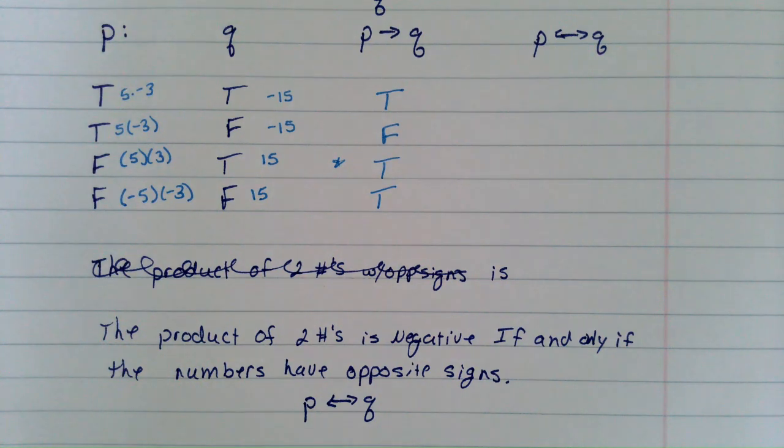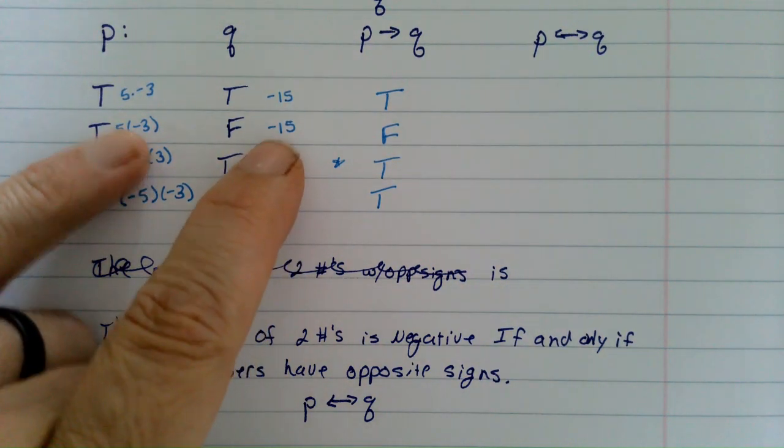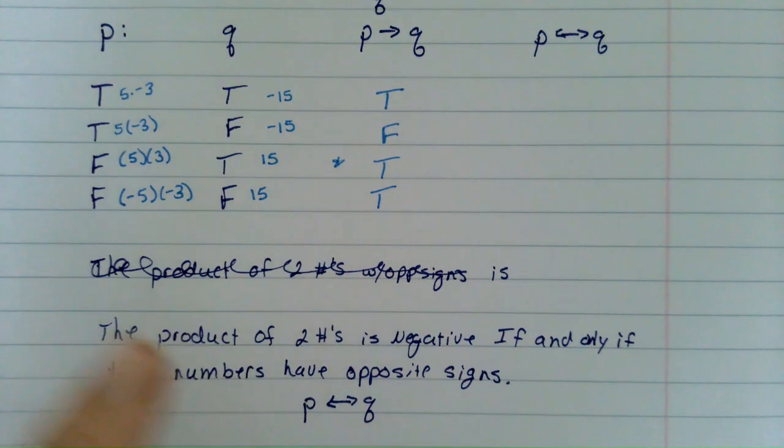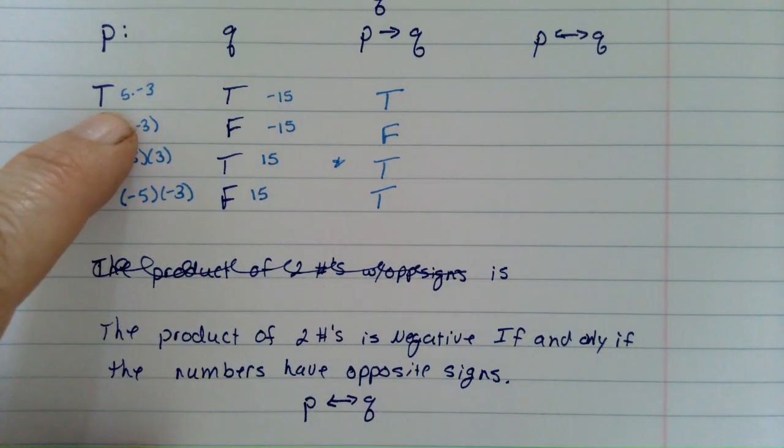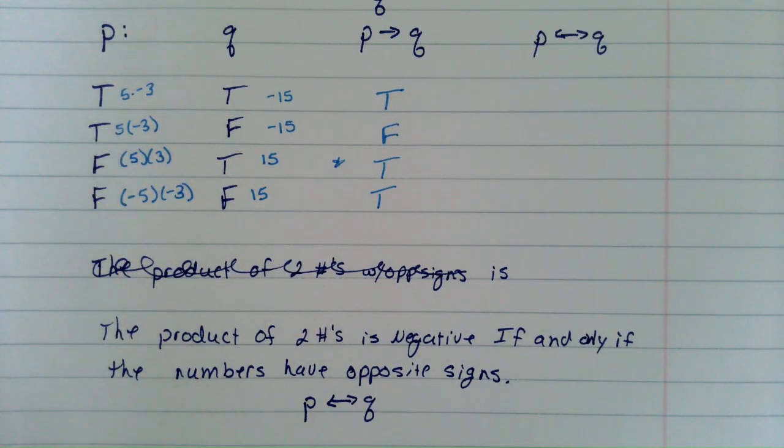So here, they're saying if you multiply two numbers, if they have opposite signs, the result is negative. If they don't have opposite signs, the result is not negative. They're going both ways here.